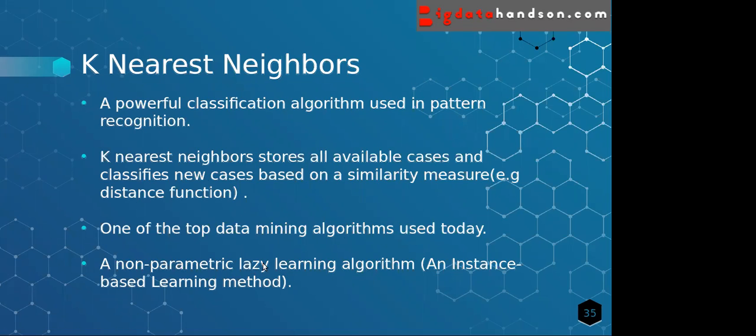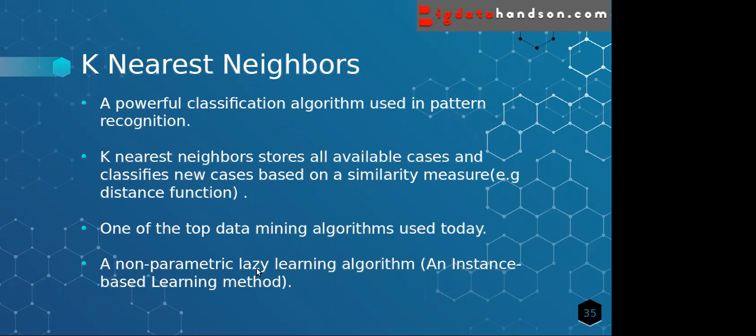Why is it so? Because it all depends on the distance function, right? We use a distance function like Minkowski or some other distance functions to classify the new cases.